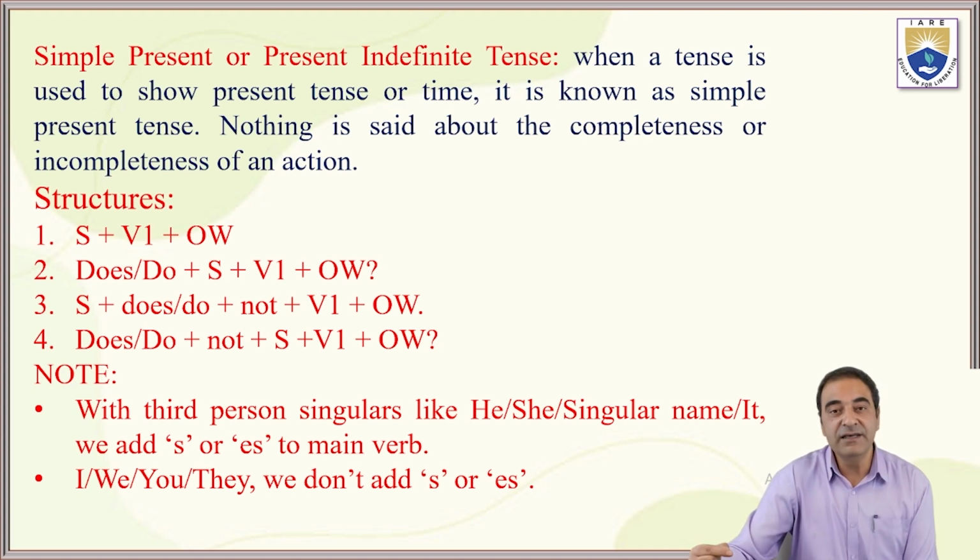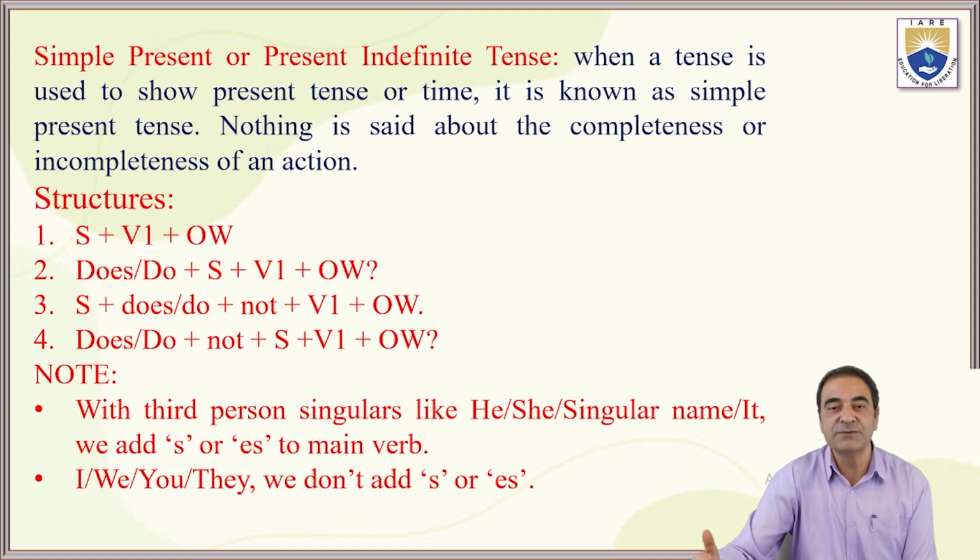For example, he writes a letter, she writes a letter, the sun rises in the east, it rains heavily. Therefore, if the subject is third person singular, we need to add s or es to the main verb. And with the rest of the pronouns, we don't add s or es.